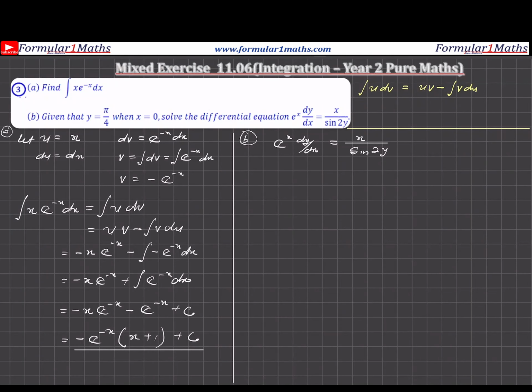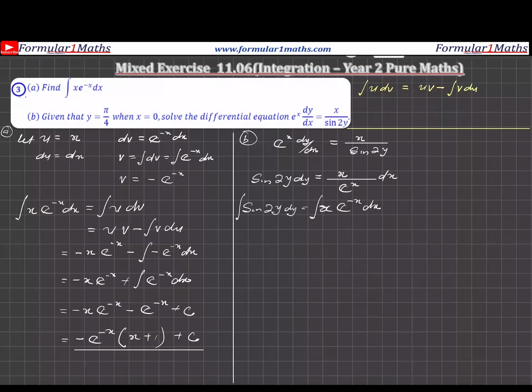If I separate the variables, I'm going to get sine 2y dy is equal to x over e to the power x dx. I can rewrite that by bringing this one up here, and I will get sine 2y dy is equal to x e to the power minus x dx. I can now integrate both sides.